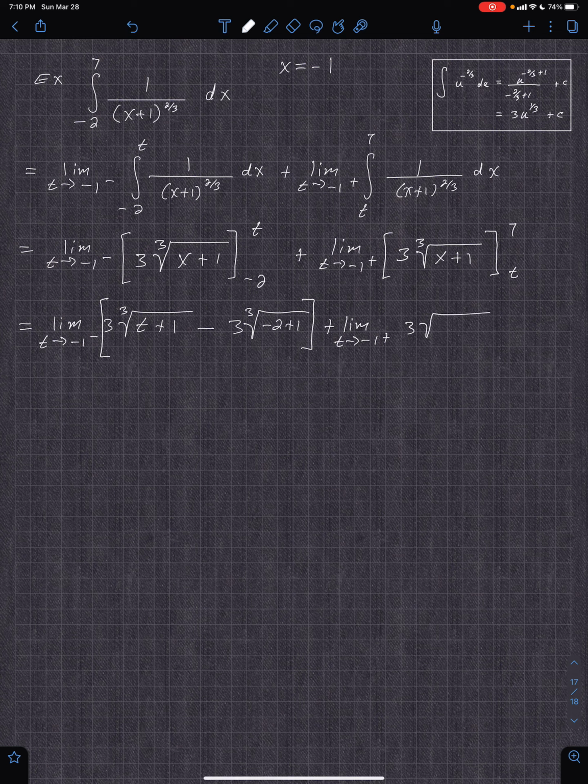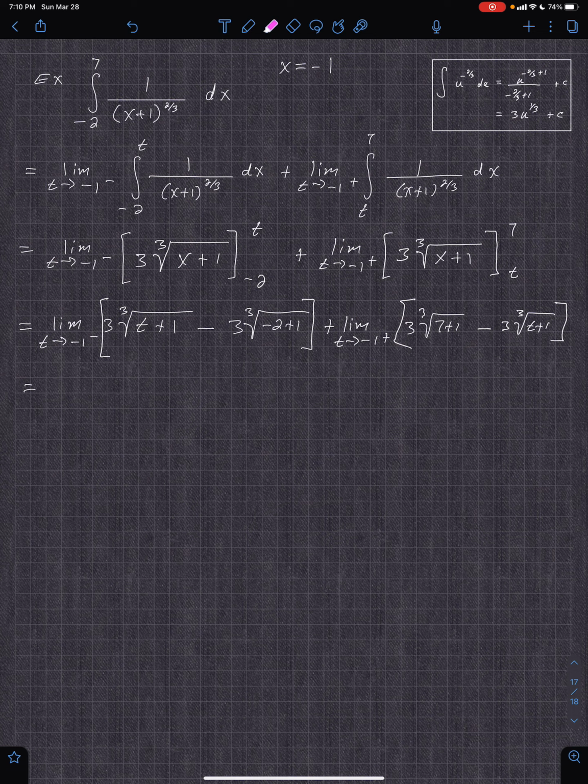And so that'll be cube root of 7 plus 1 is 8. So that actually works out nice. And then minus 3 cube root of t plus 1.